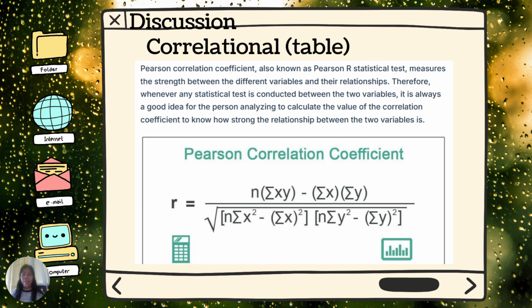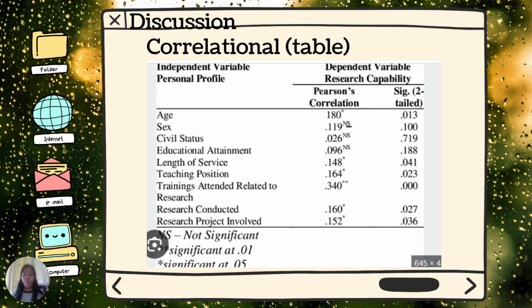Okay, another example of a correlational table uses the Pearson correlation, or Pearson r. We also have this one, where the significant value of the correlation coefficients of the two variables is shown, whether they are accepted or rejected, and if it entails a significant value, does it show a significant relationship?